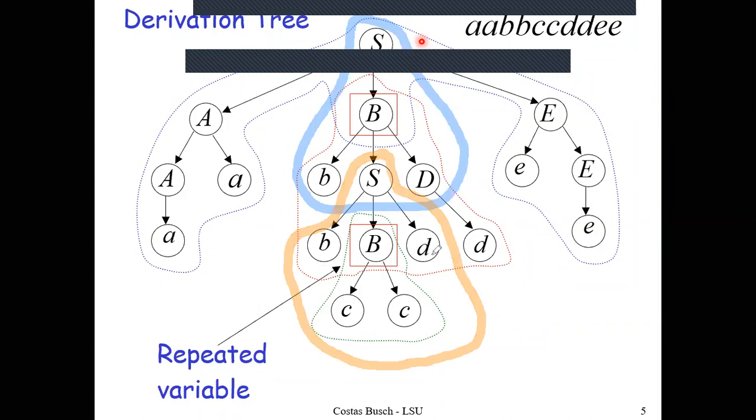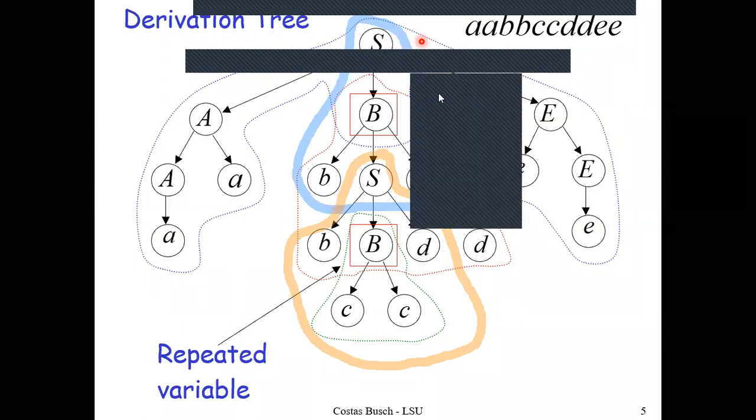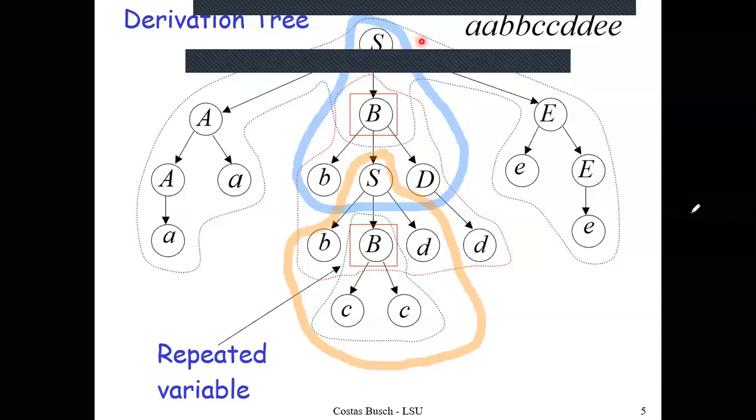Sir, but the A and E are also children of S, just like small b. But do they appear along the longest path? Yeah, but D is also part of the middle tree of B. Yes, sir, and D is not in the longest path.